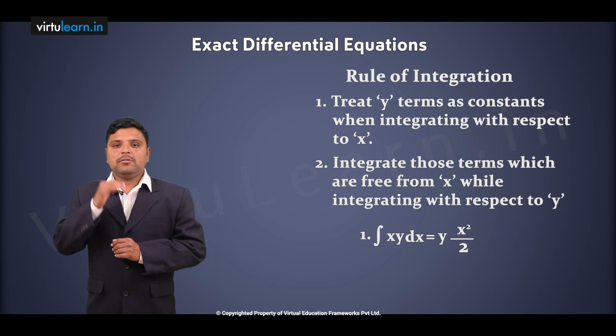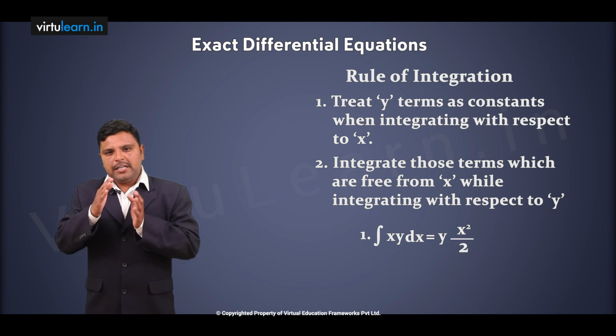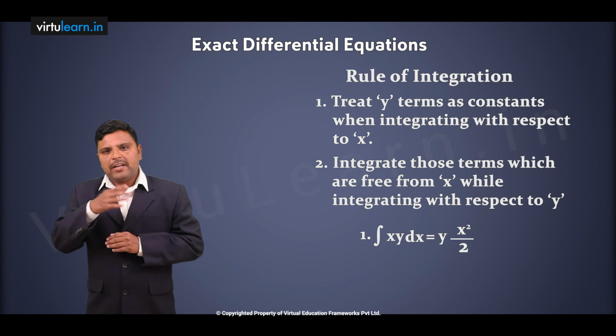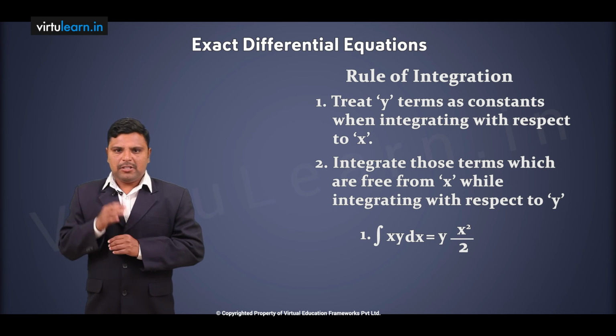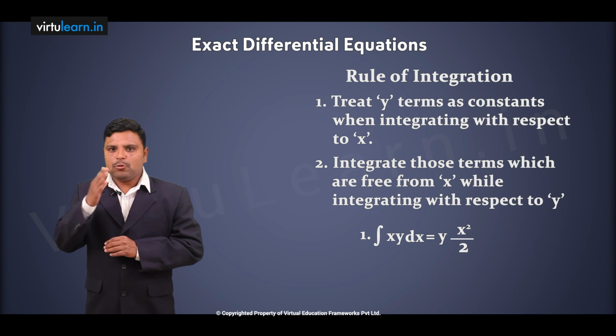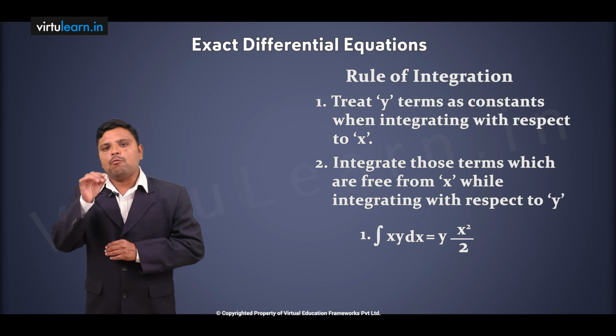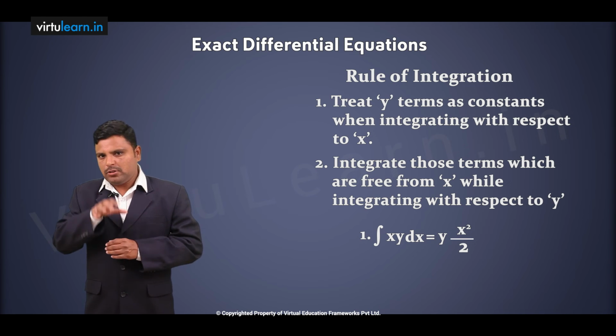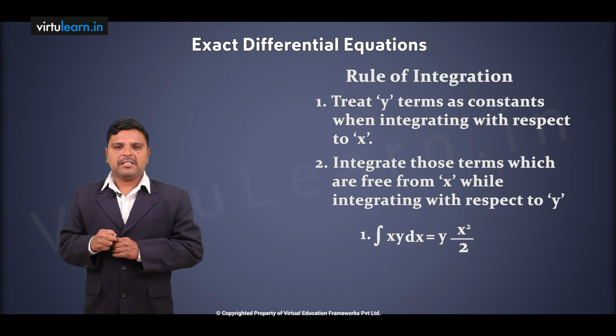According to the first rule of integration, treat y terms as constant when integrating with respect to x. Here y is constant, so you can write y outside, and integral x dx is nothing but y into x square by 2.